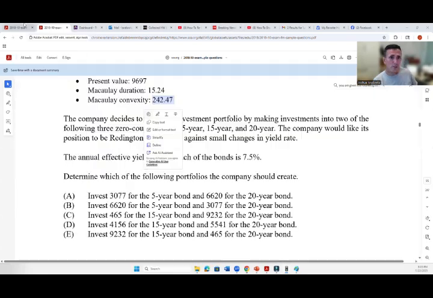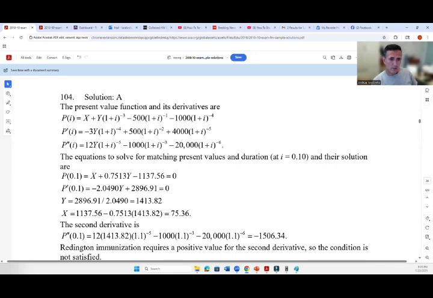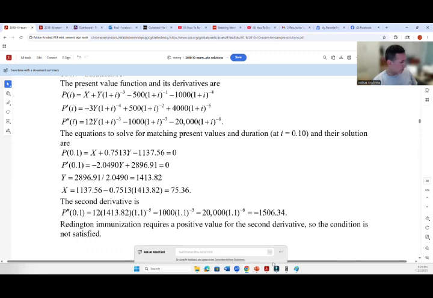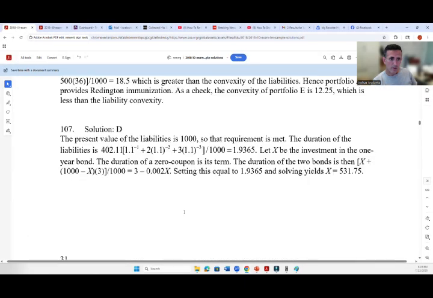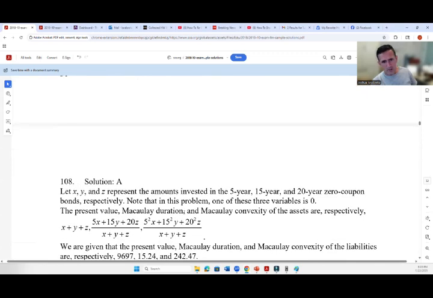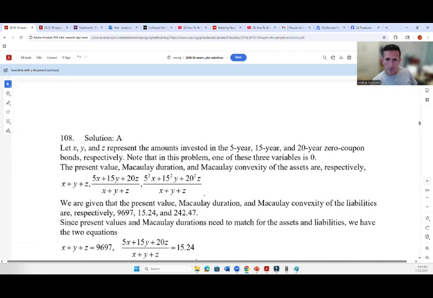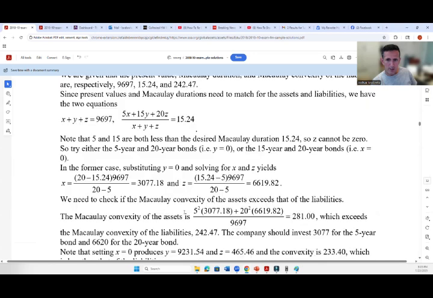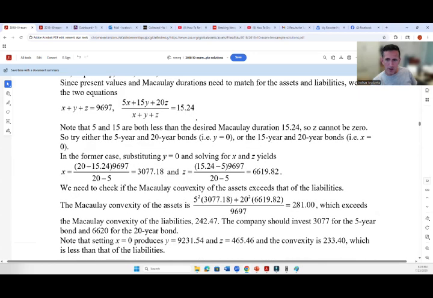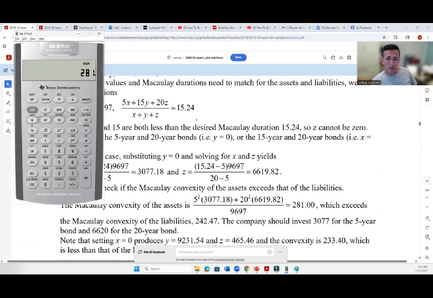Is that the solution? Sorry. Oh, wait. Okay, the solution is A. For some reason I thought it was not A. But yes, we got exactly 281.